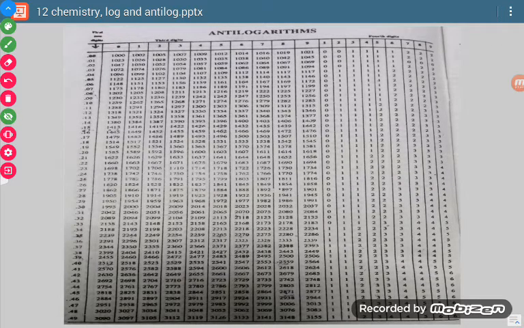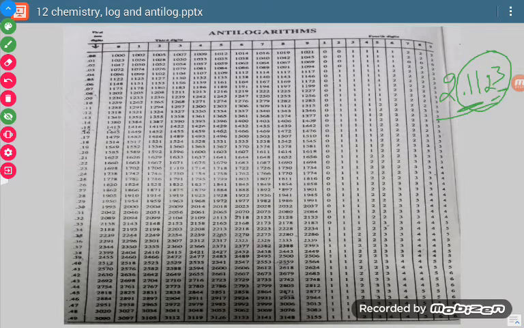Now let me take one example. Suppose I have to take the anti-log of 2.1123. Then I will consider first of all this part only. I will see 0.11 under 2 under 3.